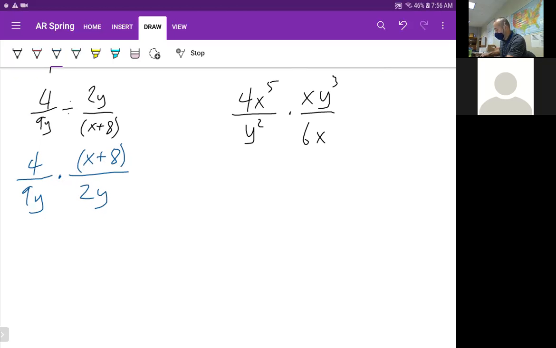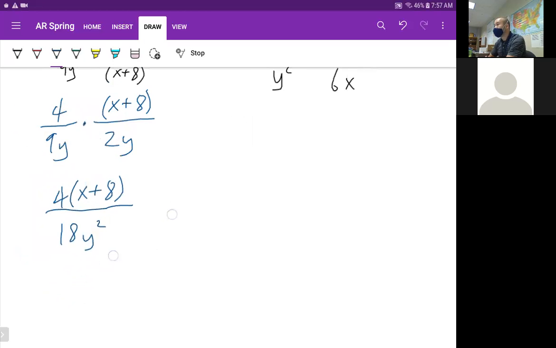I took this one from your assignment. You have one in your assignment that's very similar to this one. So here's what it'll do. It's going to be 4 times x plus 8 divided by 18y squared. And then it does reduce.